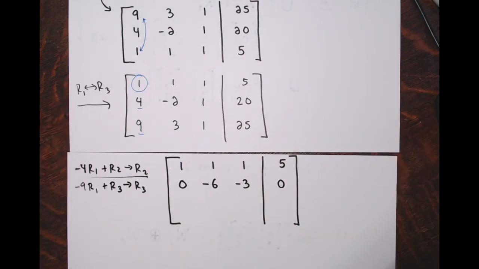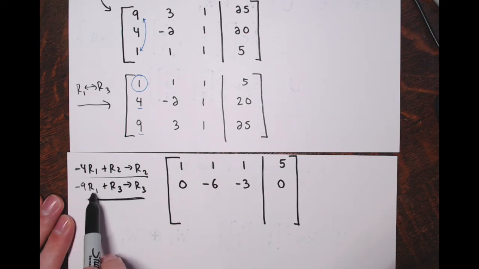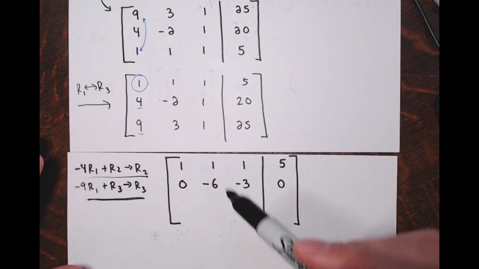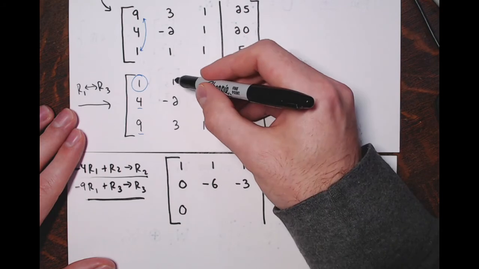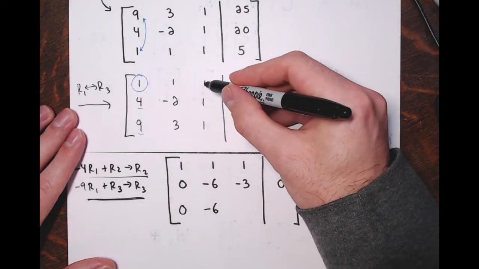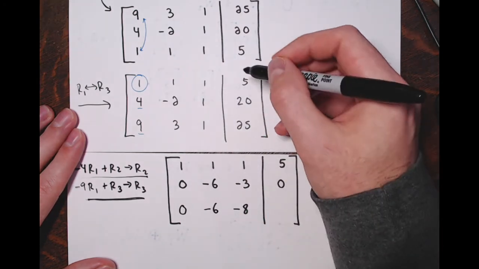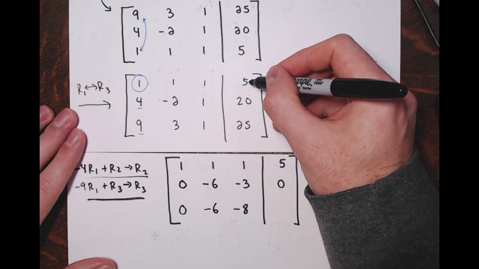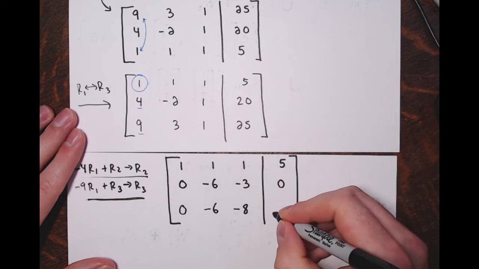Now I create new row 3 entries by taking -9 times the row 1 entries and adding them to the row 3 entries. So -9 plus 9, 0. -9 plus 3, -6. -9 plus 1, -8. And then -9 times 5 is -45, and -45 plus 25 is -20.